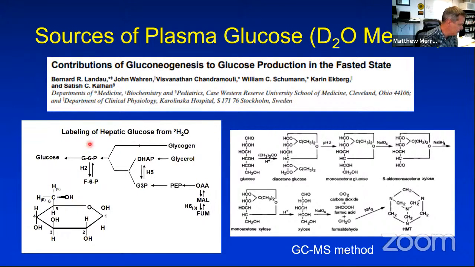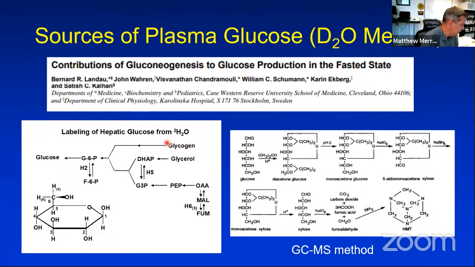And the way that you can infer the sources of your glucose is just by looking at this diagram. The equilibrium between G6P and fructose 6-phosphate is very fast, fast enough that you can assume that enrichment at this position matches that of body water, and that is very generally true.